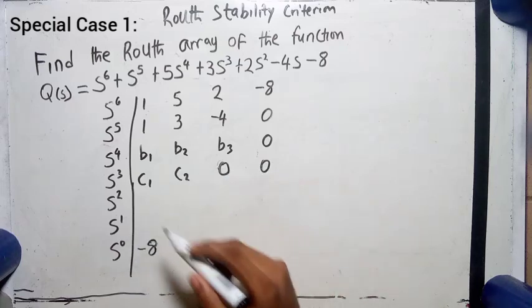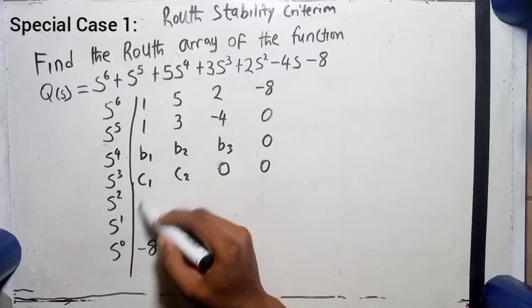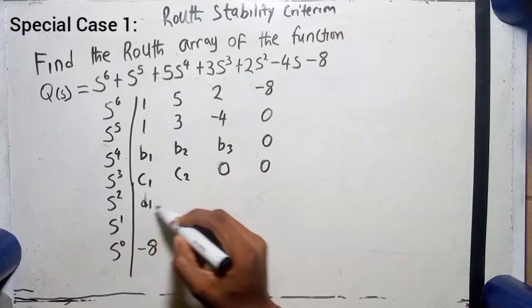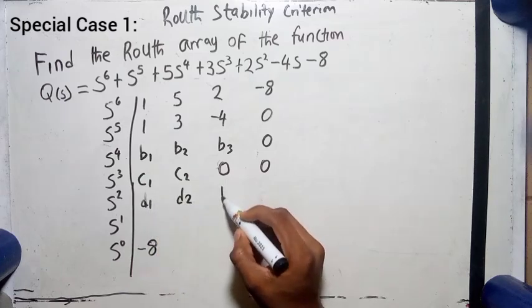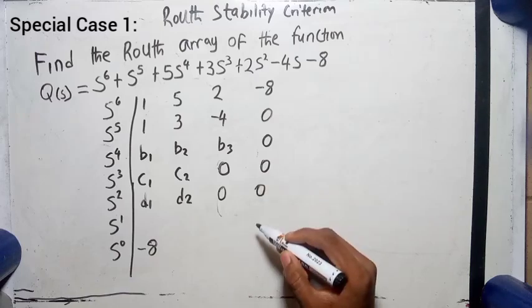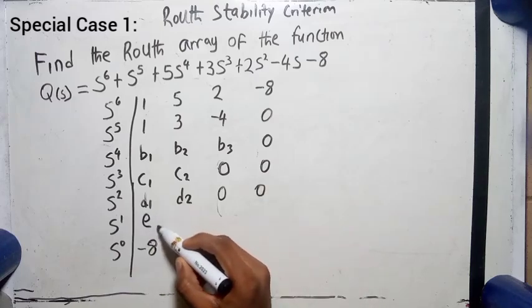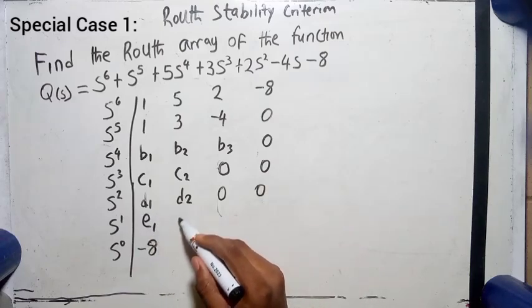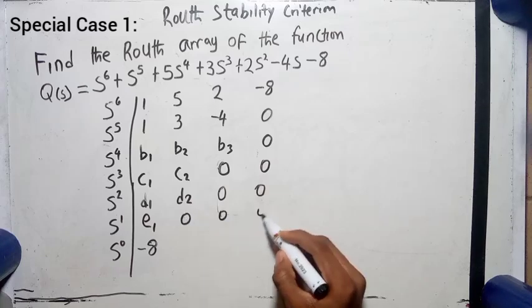Now we're also going to be having D1 and the rest. We have D1, D2, D3 will be 0. Then E1, E2 will be 0, 0, 0.